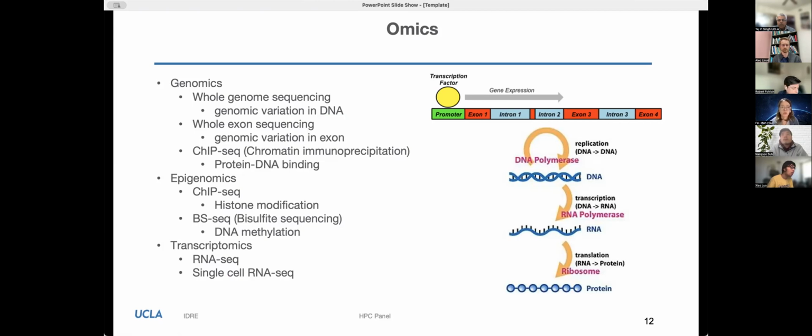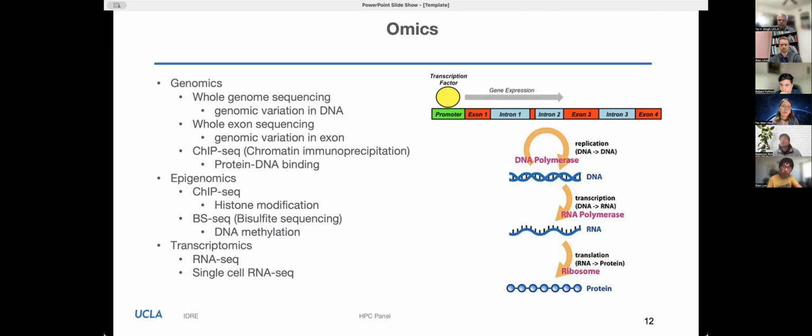The example I just showed is DNA sequencing, which we can refer to as genomics. There are also different variations of genomic sequencing, like whole genome sequencing and whole exome sequencing, where we just sequence the genomic variations in exons. On the right-hand side, you can see exons are the coding regions that will be transcribed into RNA and translated into protein to function in organisms.